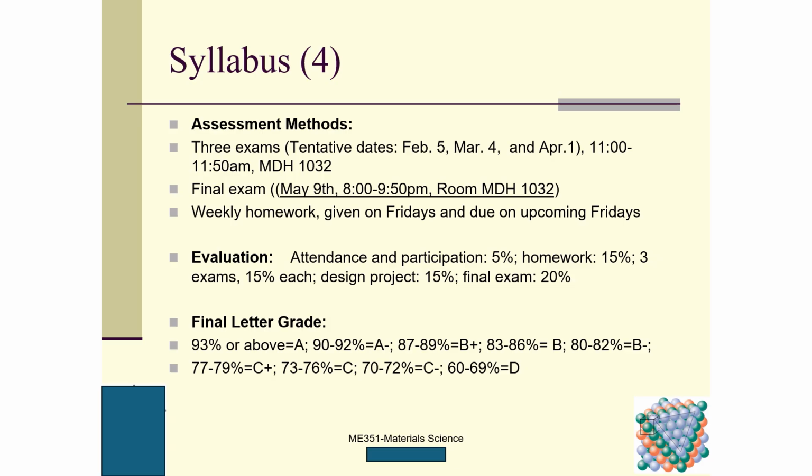Evaluation: attendance and participation take 5%, homework 15%, exams 15%, the design project 15%, and the final exam will be 20%. Final letter grade: 93% or above, I will give A; 90 to 92%, A minus; and so on and so forth. One thing I want to mention is that the highest grade I can give is A. I cannot give anybody A plus.